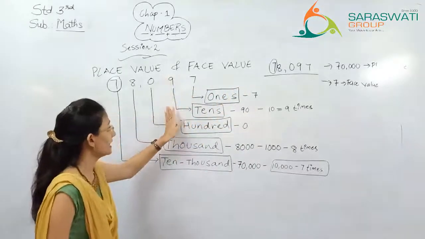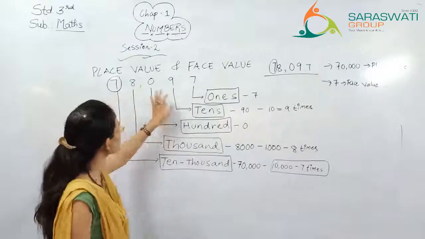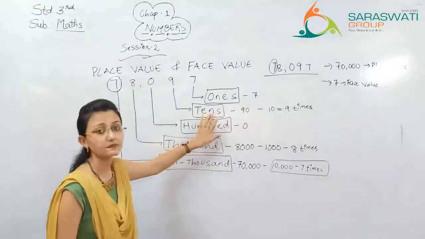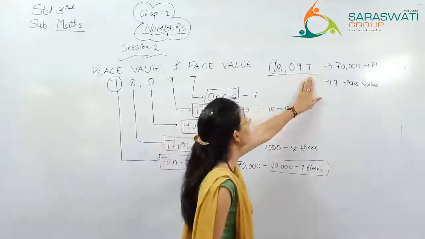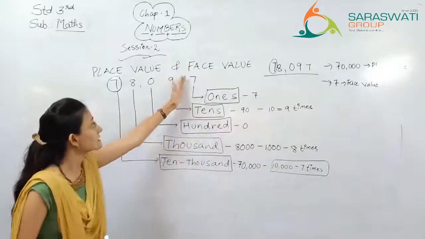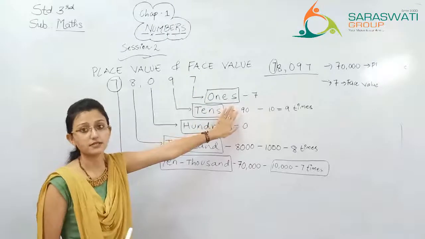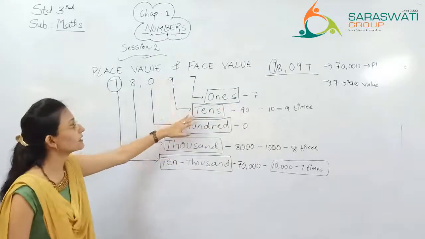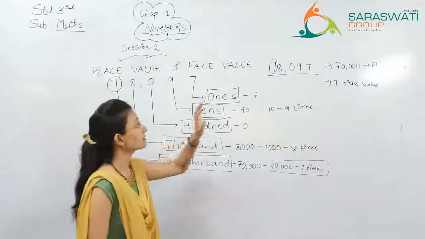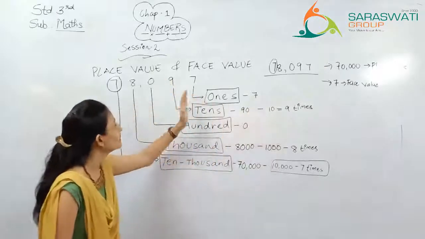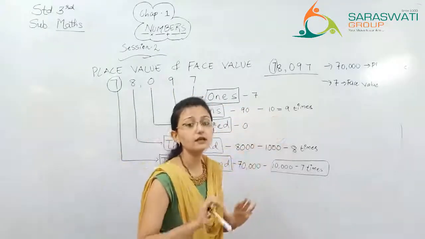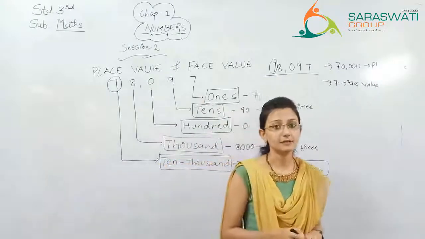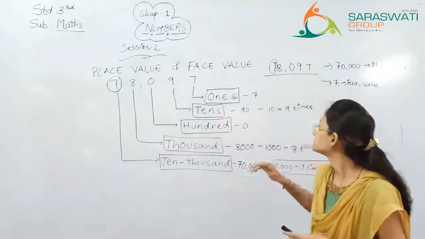The value of 9 in this number is tens, that means 90. 9 tens means 10 repeated 9 times, which is known as 90.